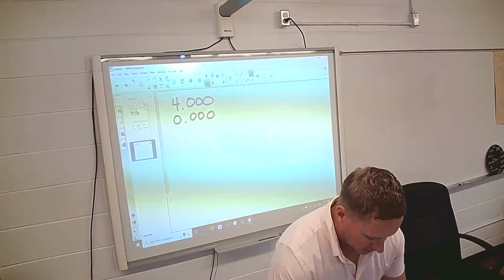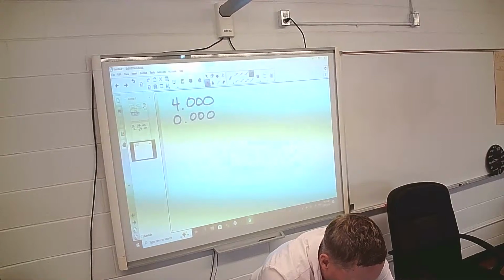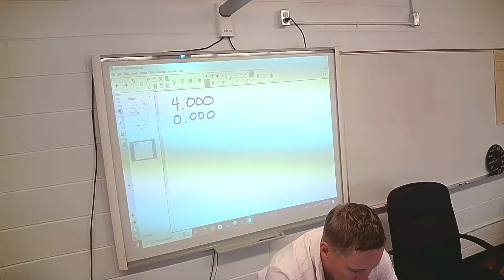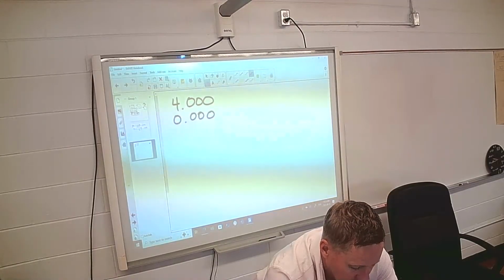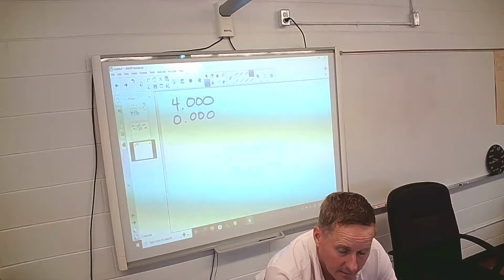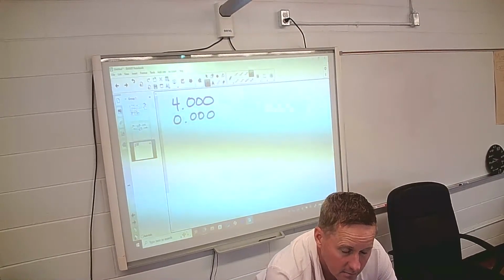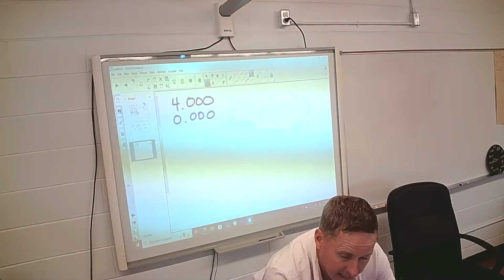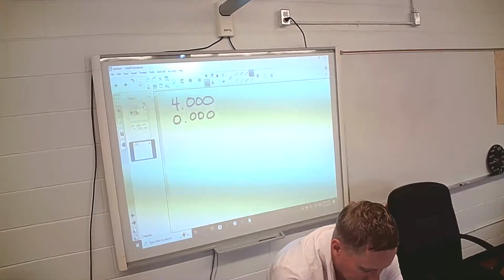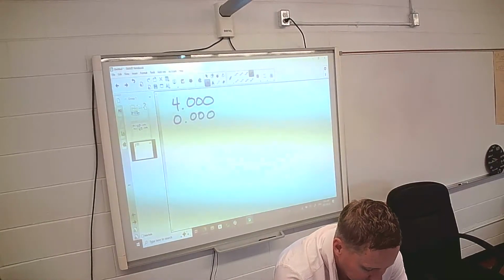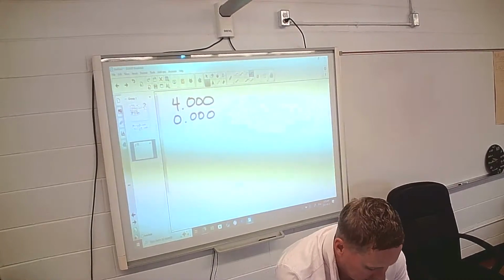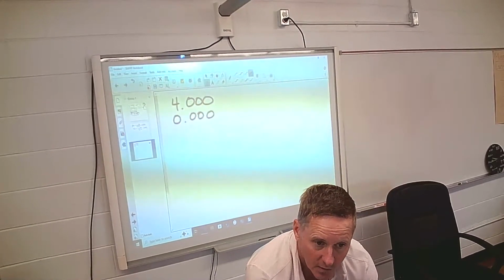Okay. Now, looking at the ticks, what does each tick represent on there? This is where it gets complicated. 100th. Okay, it is and it isn't. The reason I say that is this. If you look at it, I've got 4.0 something, right? Because it's not quite past the 10th position, the first one.